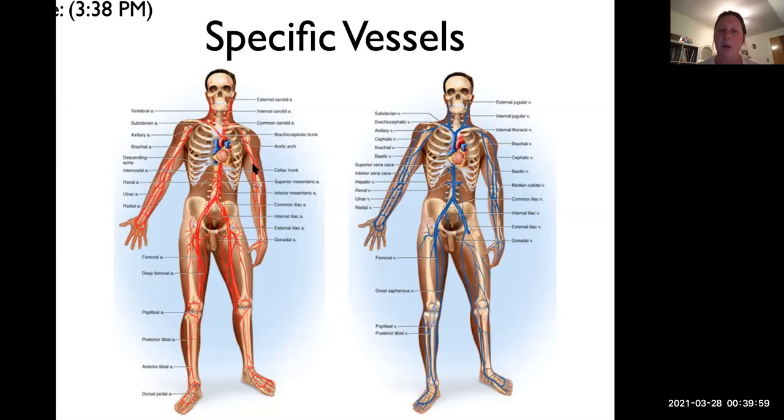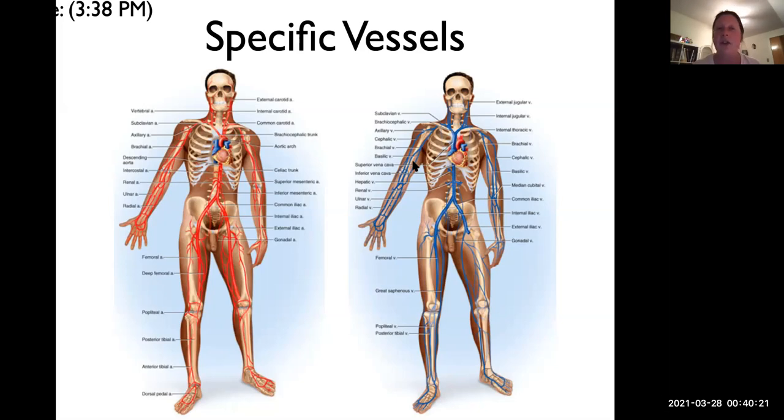If we learn about the brachial artery here, then we're going to see the brachial vein over here. There are others that don't share the same names, but for the most part, at least the ones that we're learning, if you're in that part of the body, they're going to have the same name.